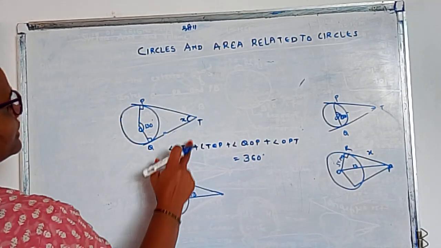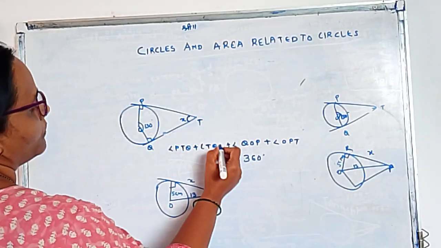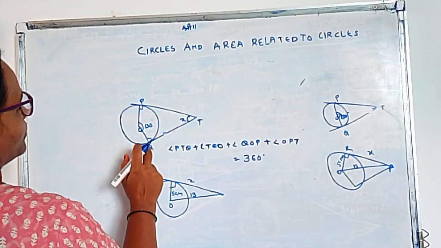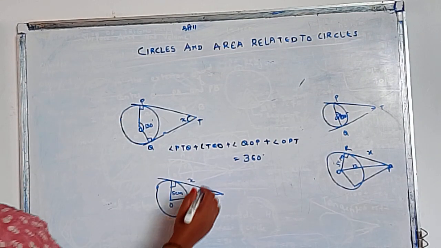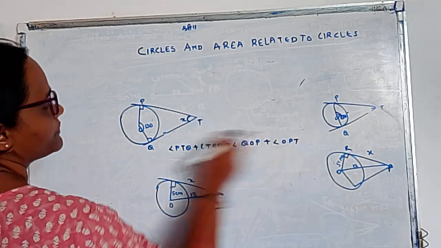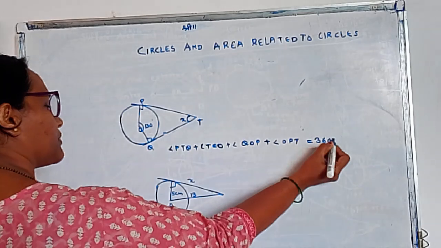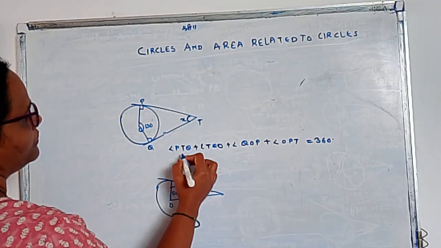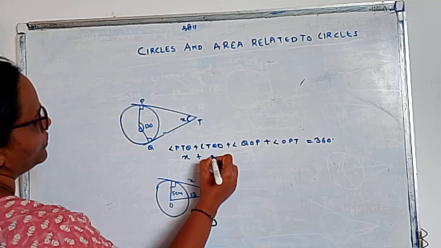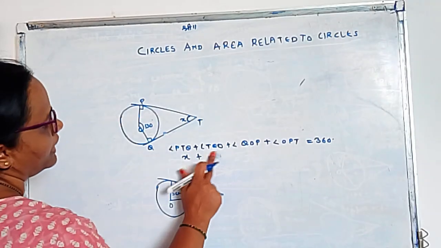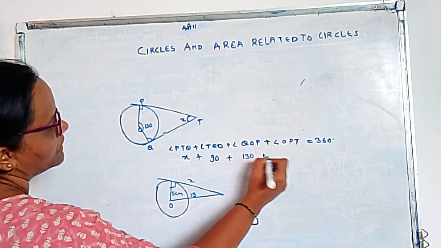PTQ, TQO, QOP and OPT is equal to 360 degrees. Therefore, we have PTQ as X, TQO is 90, QOP is 130, and OPT is again 90.